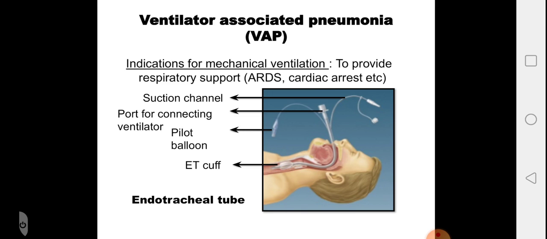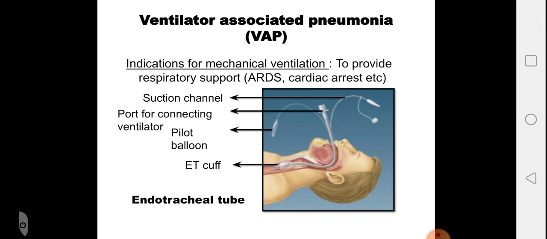And the other one is a pilot balloon, which is used to inflate the balloon present near the ET cuff. Once you introduce the ET tube, it reaches just above the trachea, and there's an ET cuff there which can be inflated by introducing sterile saline through the balloon port.